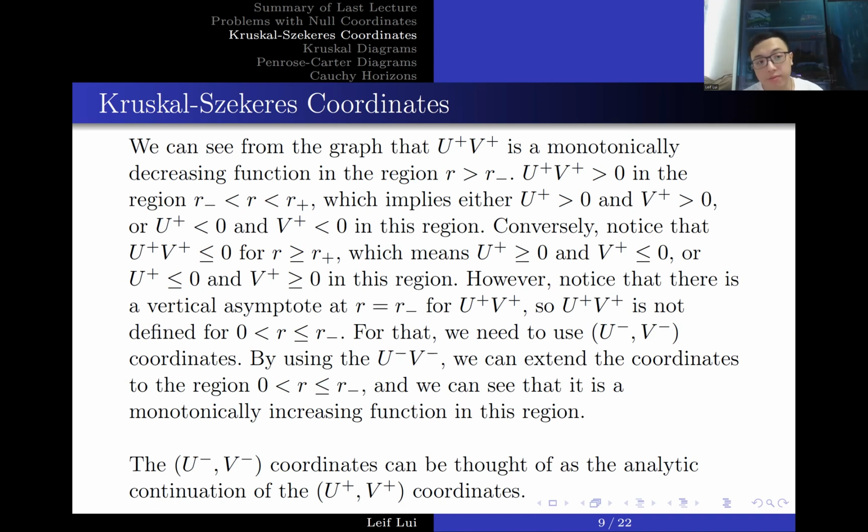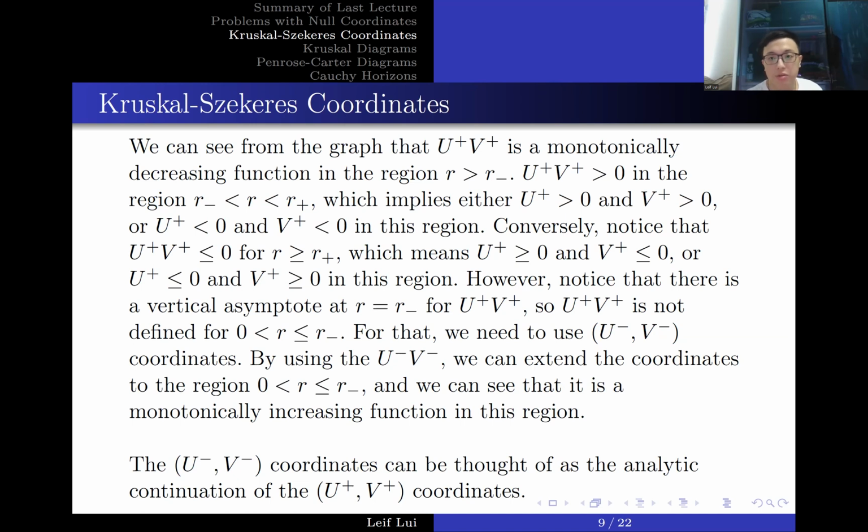However, as I mentioned before, notice that there is a vertical asymptote at r equals r minus for u plus and v plus. So what happens is u plus and v plus are not defined for the region between 0 and r equals r minus.